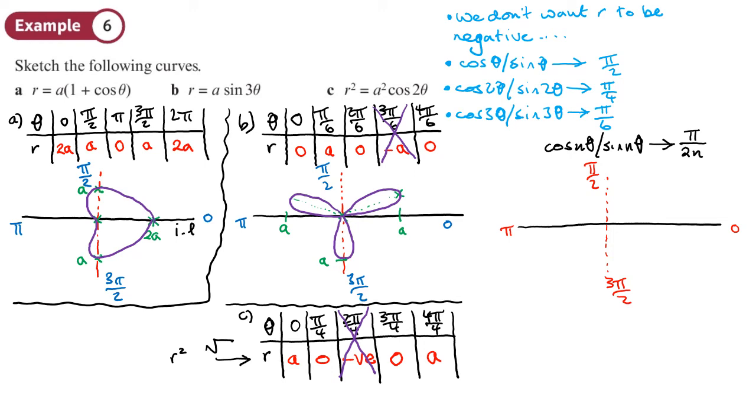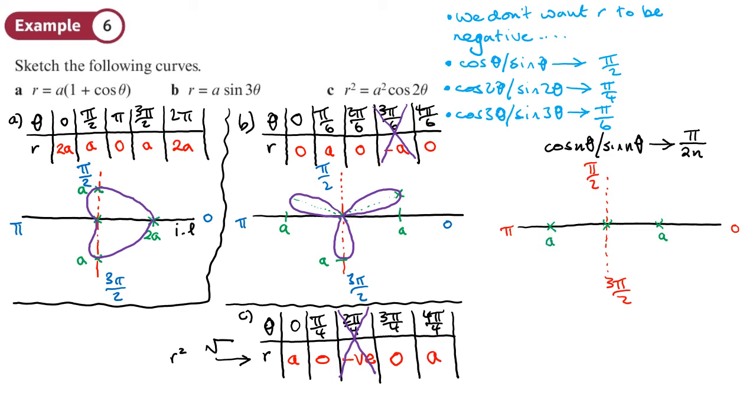So when we have an angle of 0, we have a length of a, so that will go there. When we have an angle of pi over 4, we're at 0. 3 pi over 4 is 0. And when it's pi, it's a, so it's over here.